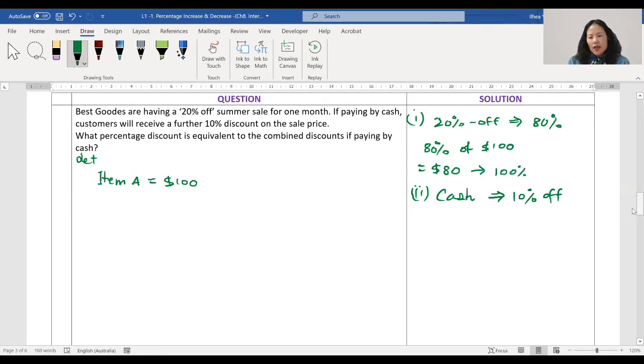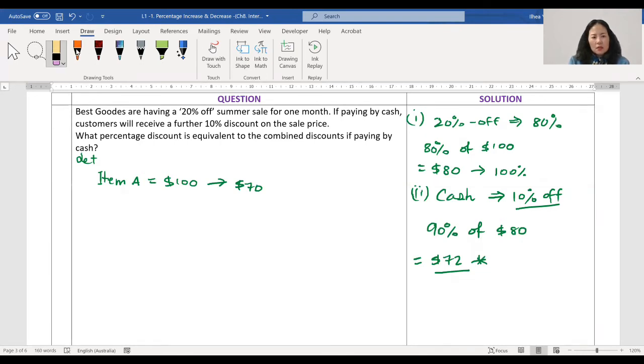When we have a 10% off, you're paying 90% of $80. You will get $72. If you think about it, if it was a 30% off, 20% off and then 10% further, you would probably expect $70, right? But it's 72, so that means it's not quite 30%.